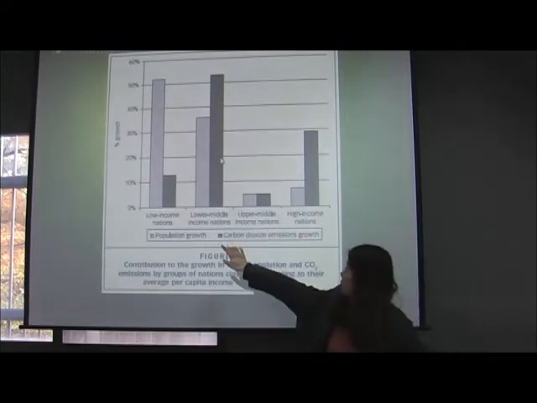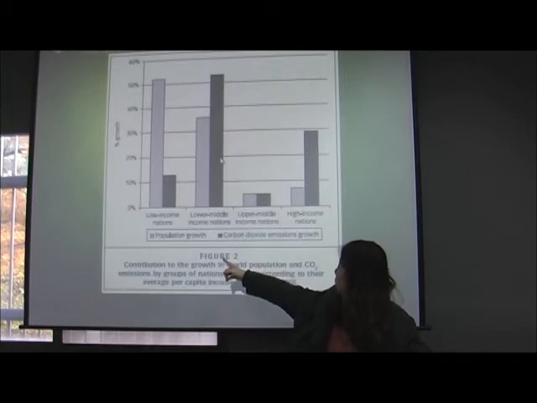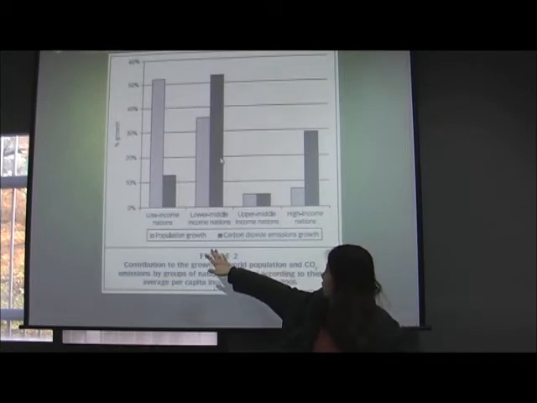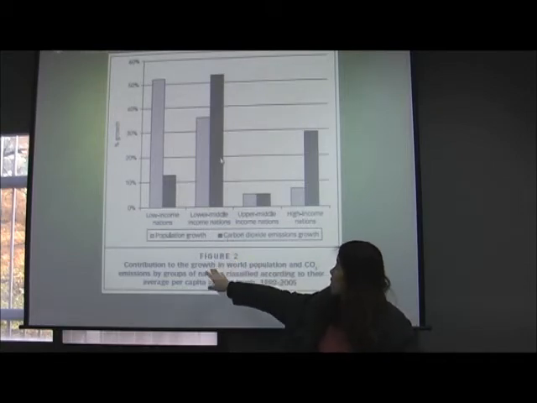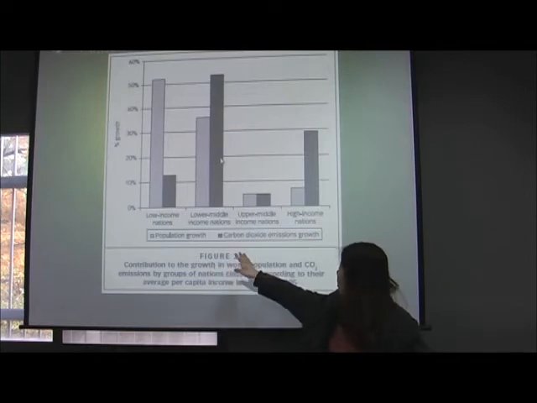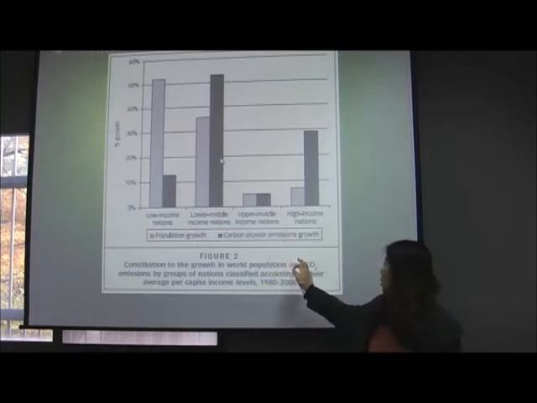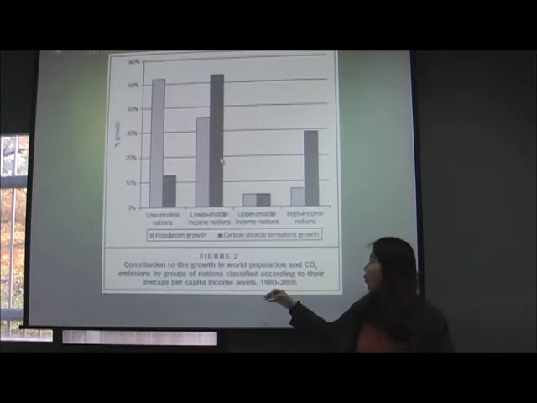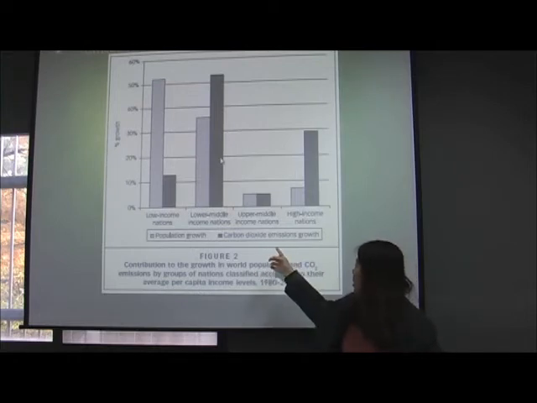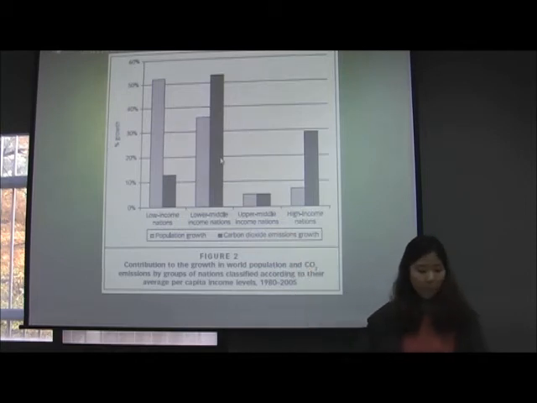The population growth is higher in the low-income and lower middle-income nations, and in the upper middle-income and high-income nations, the population growth is lower, but the carbon dioxide emission is not much correlated with it.